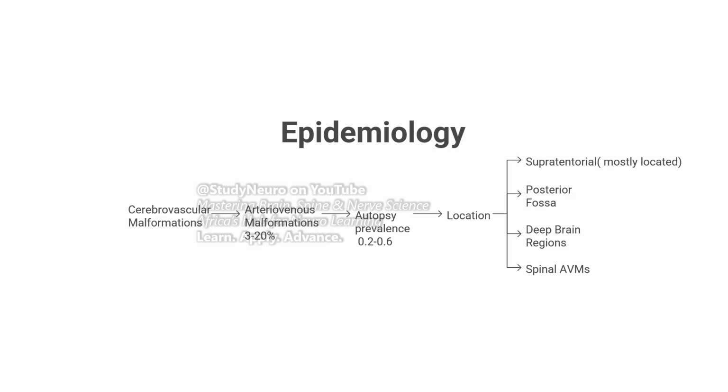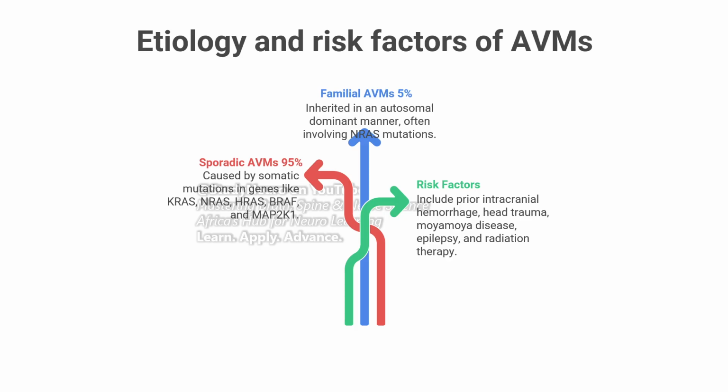In the spinal cord, AVMs can involve all anatomical layers: the epidural, intradural, subpial, and intramedullary, highlighting their diverse and often challenging presentations. Most arteriovenous malformations are sporadic, accounting for about 95% of cases, and are driven by somatic mutations in genes such as KRAS. A smaller subset, around 5%, are familial, usually inherited in an autosomal dominant pattern, with NRAS mutations sometimes implicated.